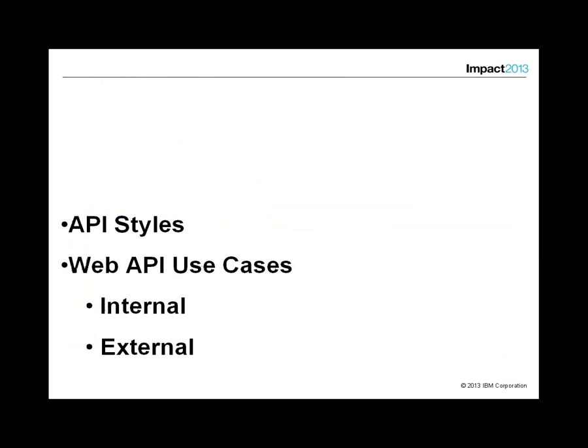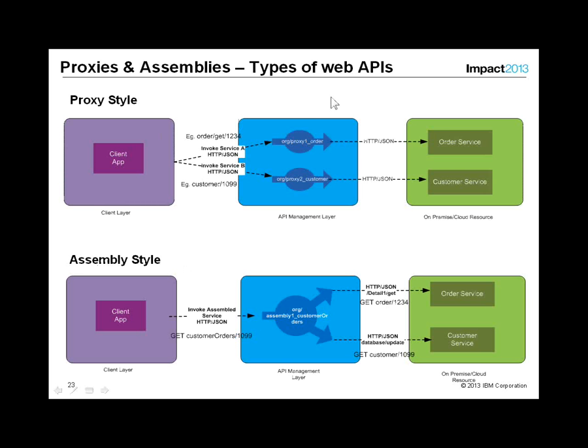This is important. It's important to know where your APIs are, right? So let's say there are two types of web APIs that you can create. One could be a proxy style web API, where, if you look at this as layers, you have your client layer, you have your API management layer, and then you have your on-premise or cloud resource.